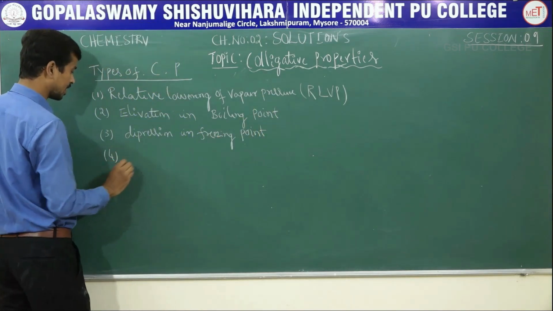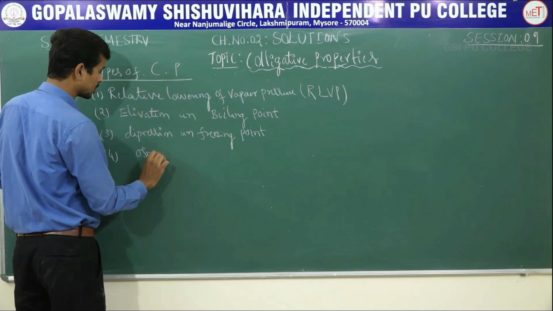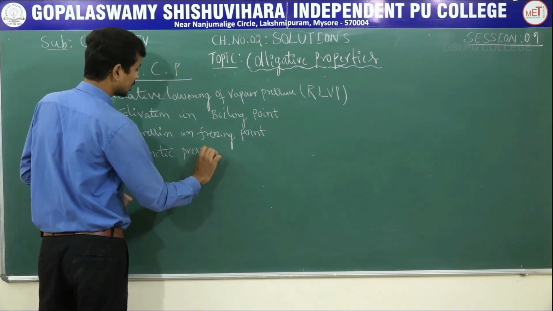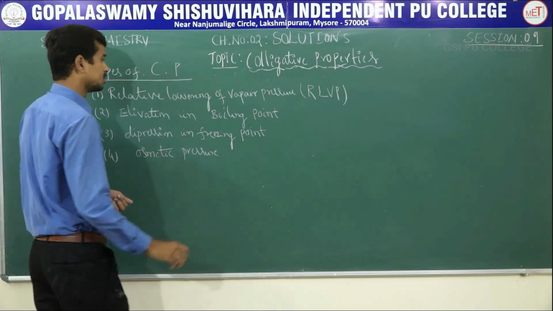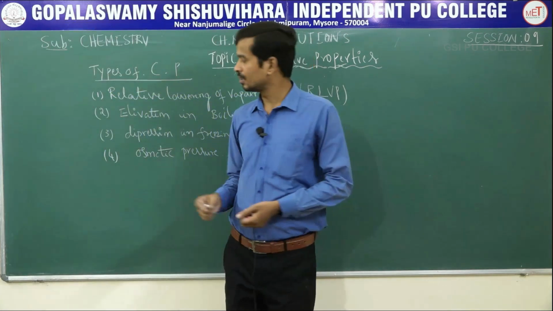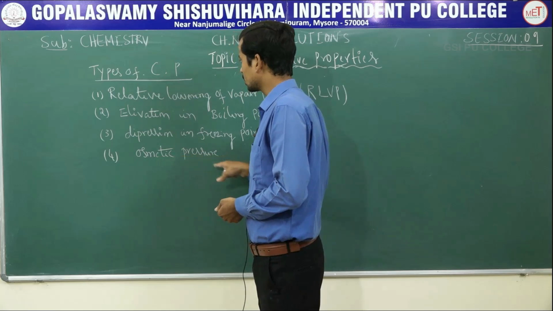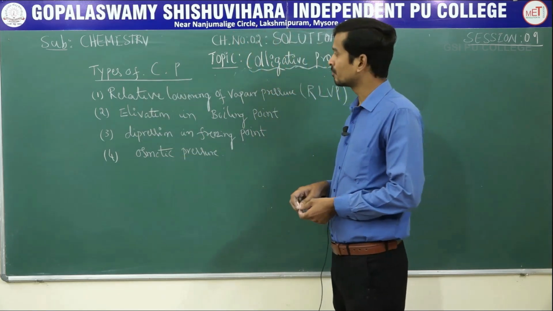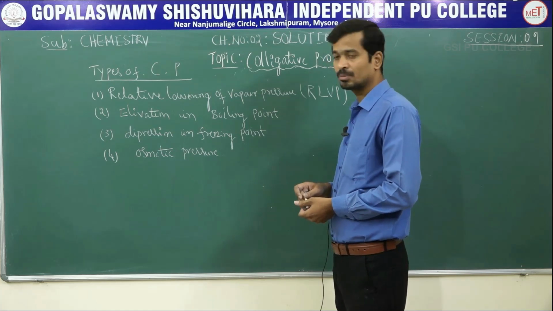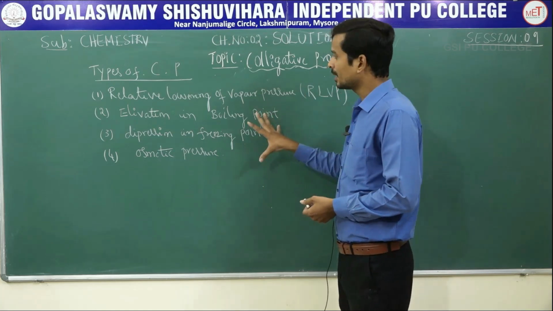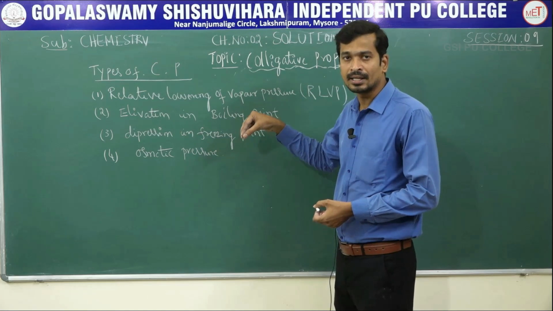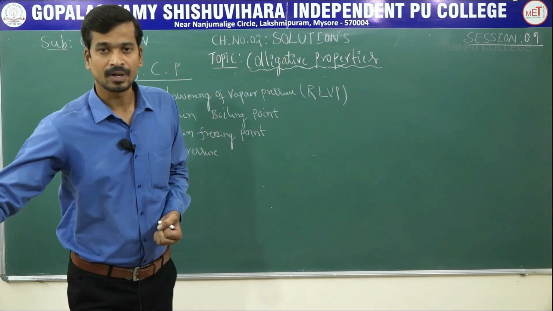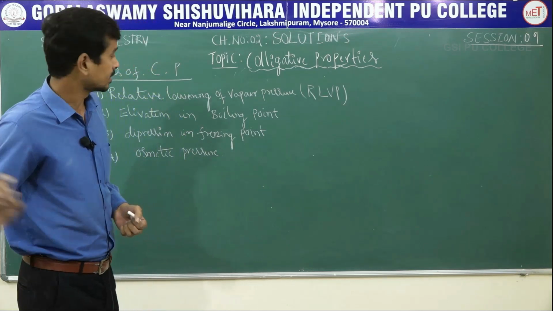And fourth, osmotic pressure. Elevation in boiling point, depression in freezing point, osmotic pressure and relative lowering of vapor pressure. There are 4 types of colligative property. These properties depend only on the number of solute particles and are independent of the nature of solute particles.